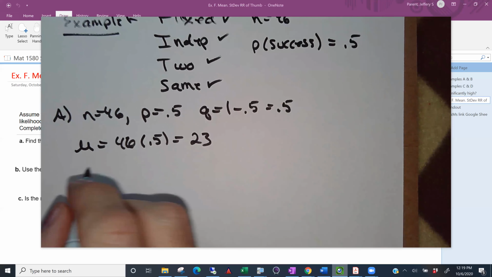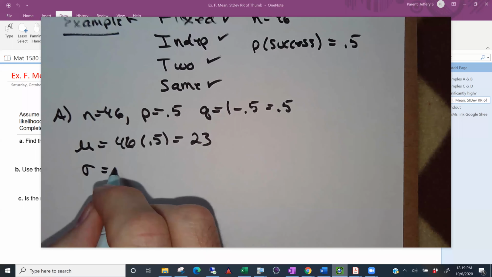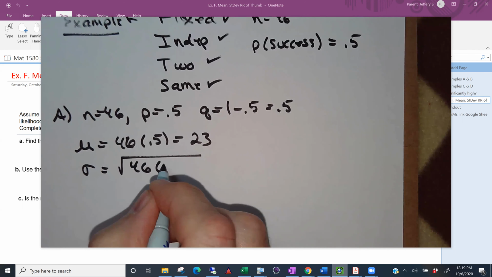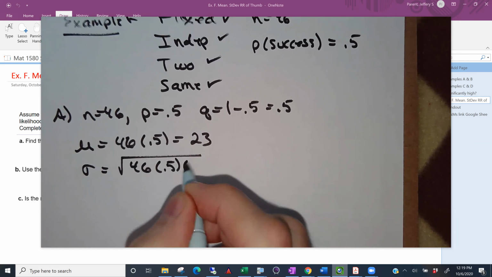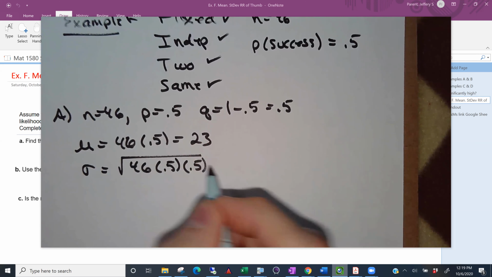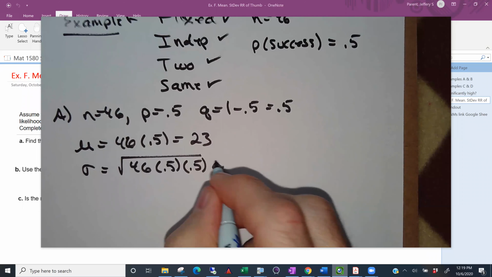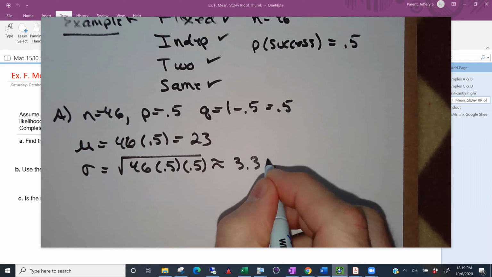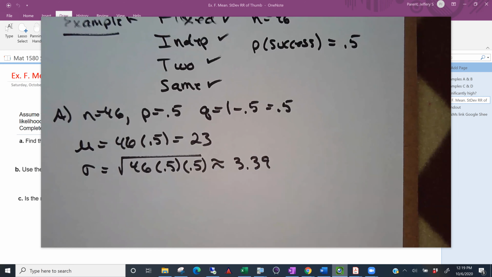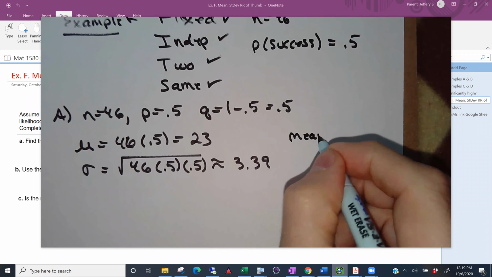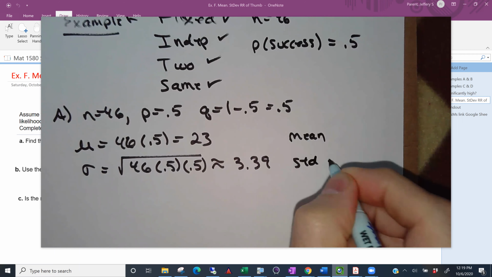Good. And the standard deviation is going to be the square root of 46 times 0.5, which is your p, times 0.5, which is also your q. And that's going to be about 3.39. So there's your mean. There's your standard deviation.